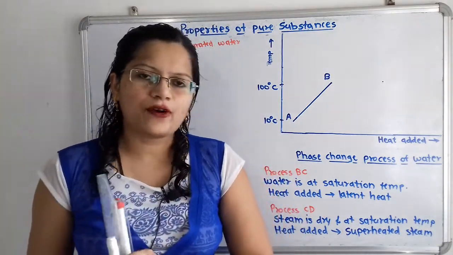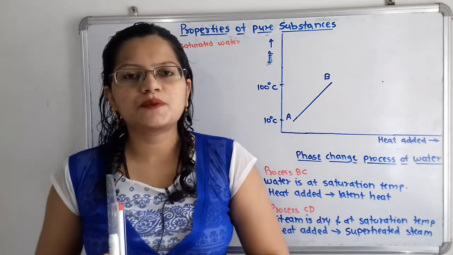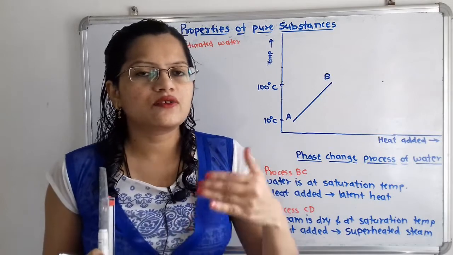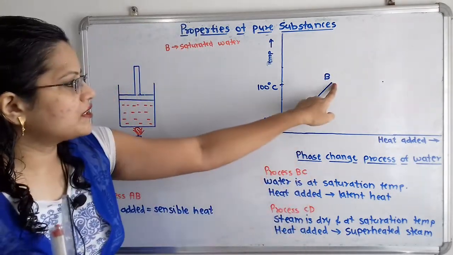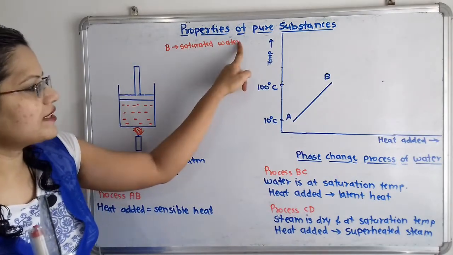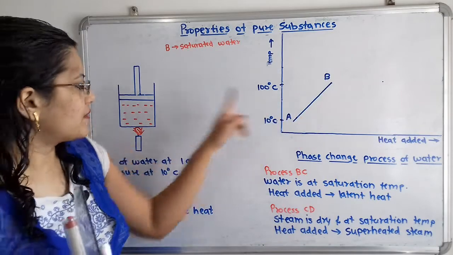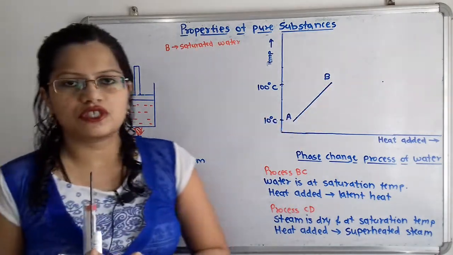Because after point B, when we add heat, the phase change process takes place. That means water starts to convert into steam. So this point B is known as the saturation point, and the phase of the fluid inside the cylinder is water. So this point is known as the saturated water.